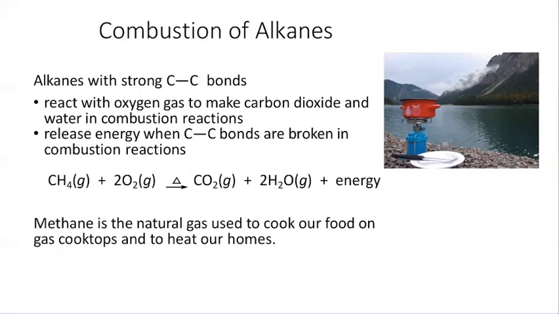Those two things combine, and when you spark it or put fire to it, that's why we have a delta in the reaction: it created energy in the form of a flame, and converted the atoms into CO2 and H2O.